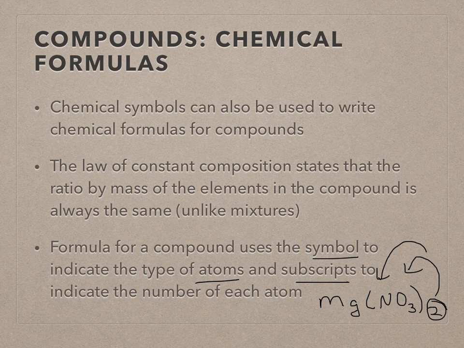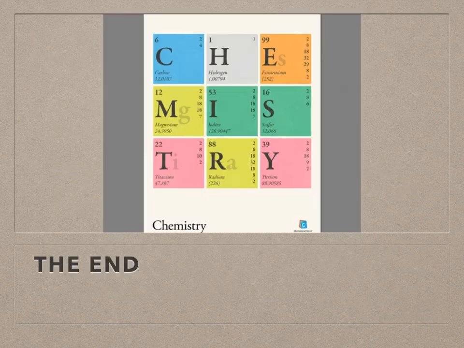You've got a number outside the parentheses, you distribute it over everything. Well, inside the parentheses, we have one N and we have three O's. So really, in this compound, there would be one magnesium, there would be two nitrogens, but there would be 6, 2 times 3, oxygens in that compound. Okay? And there you have it. All right.